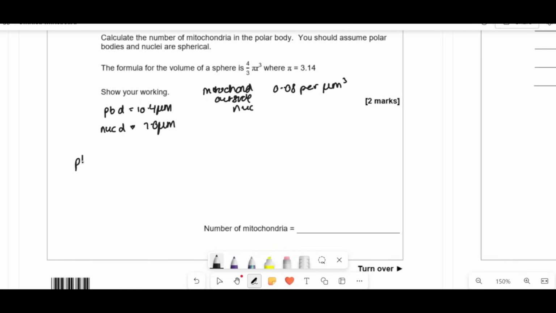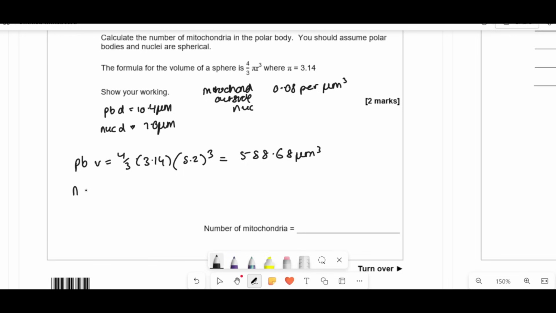So to work out the polar body volume, it's going to be 4/3 times pi, which they've told you to use as 3.14, times the radius cubed. So it's going to be this halved, cubed. So 5.2 cubed. If we do that, we get 588.68 micrometers cubed.